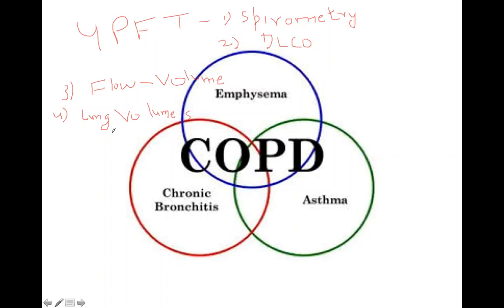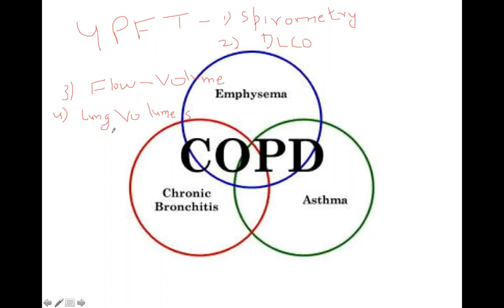So lung volumes basically help confirm what we did in spirometry, because the function of spirometry is to diagnose COPD or asthma or bronchiectasis, using the forced expiratory volume or the ratio.